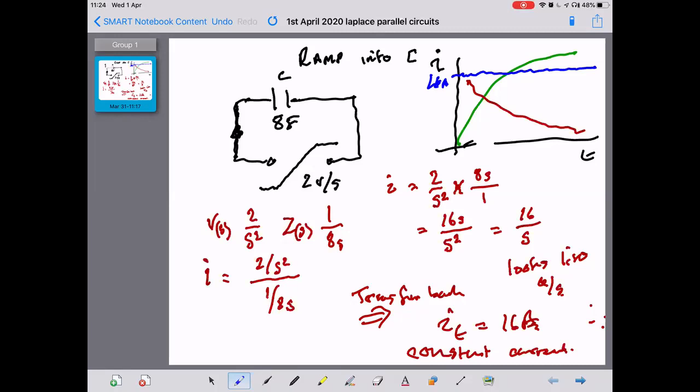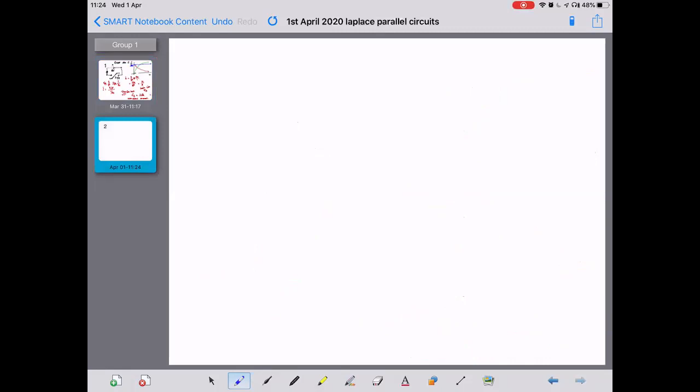Okay. So what I want you to do, just for safety's sake, is have a go at this one. Capacitor, 300 microfarads.